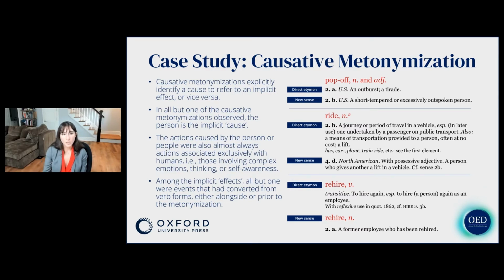Hiring is a complex, systematic organizational action, always associated with humans. And among those implicit effects, all but one of them were events that have been converted from verb forms, either alongside the metonymization or prior to it. That also makes sense when we think about the fundamental nature of actions, cause, and effect.